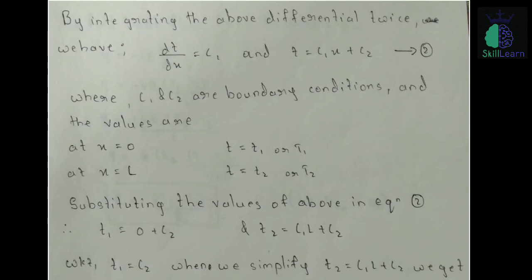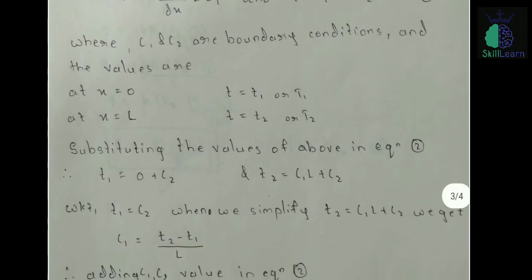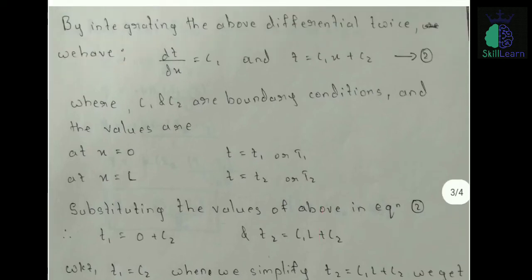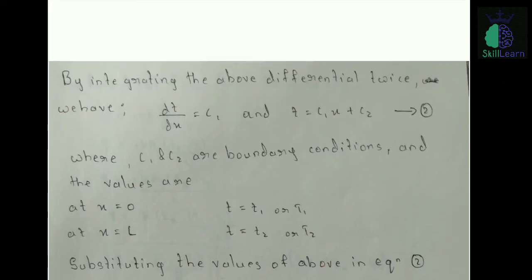The boundary conditions are: at x is equal to 0, T is equal to T1, and at x is equal to L, T is equal to T2. Substituting these values in the equation T is equal to C1 into x plus C2.